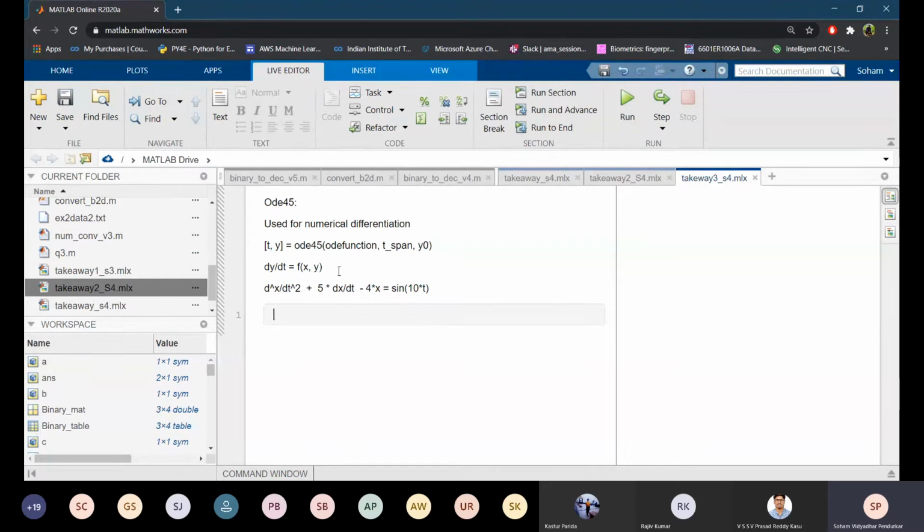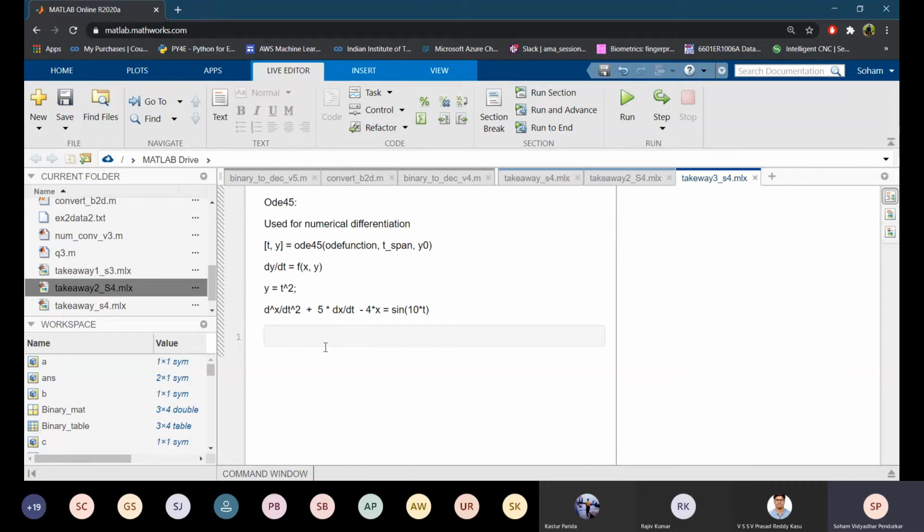Since the ODE function takes a .m file or function inside, what we can do is use the @ symbol or this identifier to create anonymous functions. That means you don't have to go outside and create a new MATLAB function file at all, because it is so trivial. So how you do that is like this.